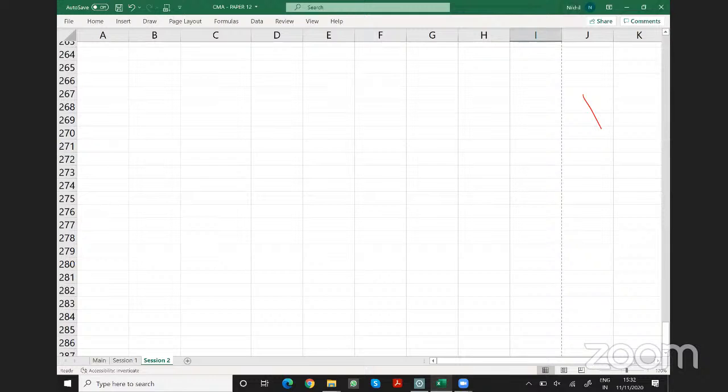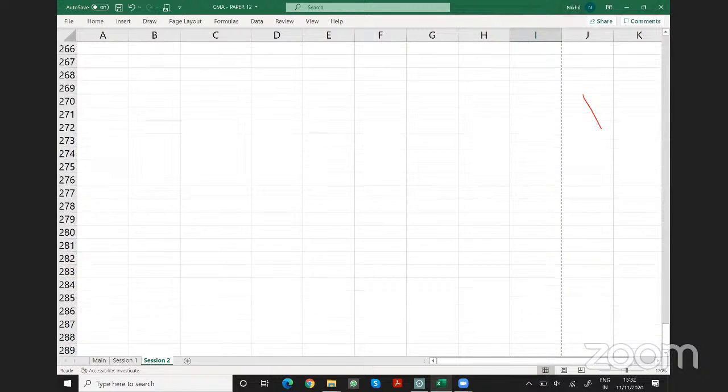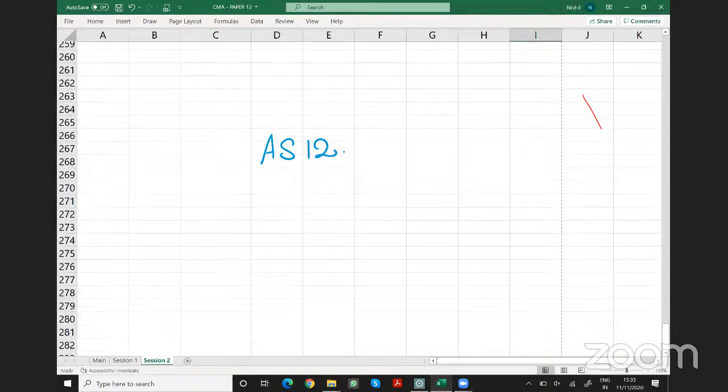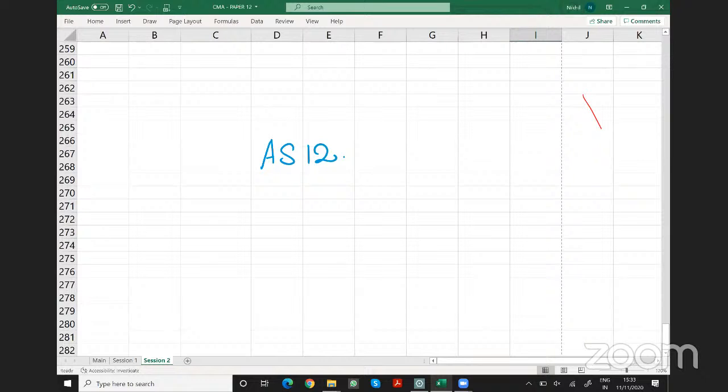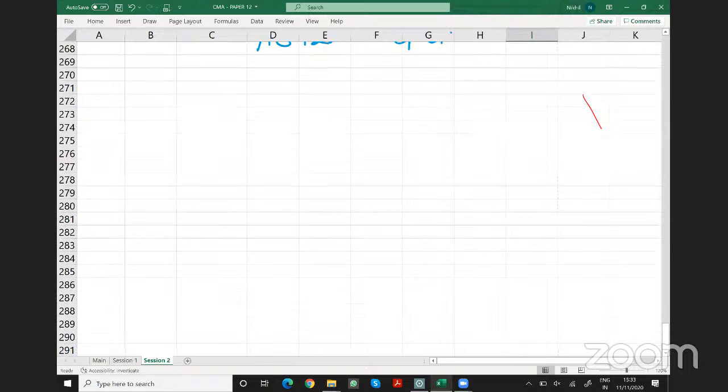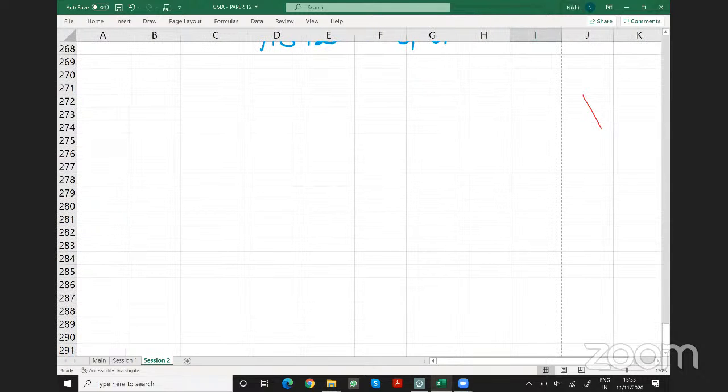we will understand AS 12 with the help of a chart. I've prepared the chart. So what is AS 12? AS 12 is nothing but your government grant. Government grant is bifurcated into two parts.